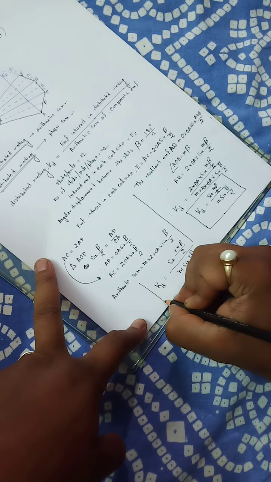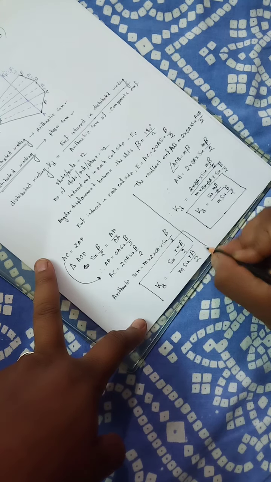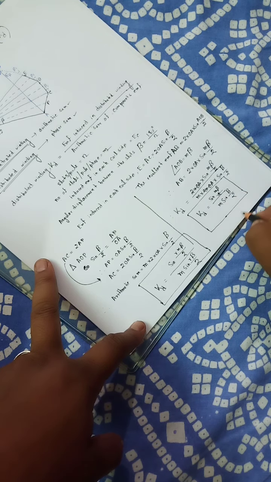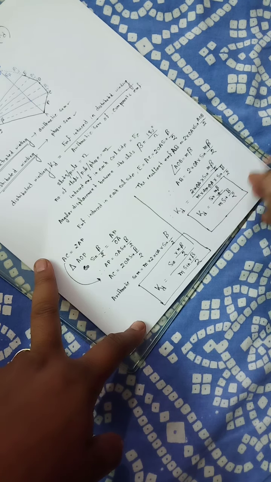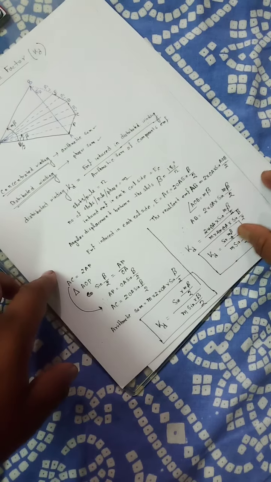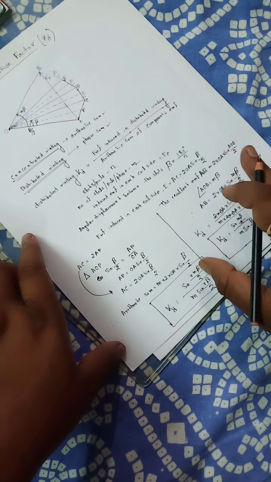So if we include the harmonic, the equation is like this, and otherwise the general expression for the distribution factor is the previous one. This is how we have to understand the distribution factor and its expression.